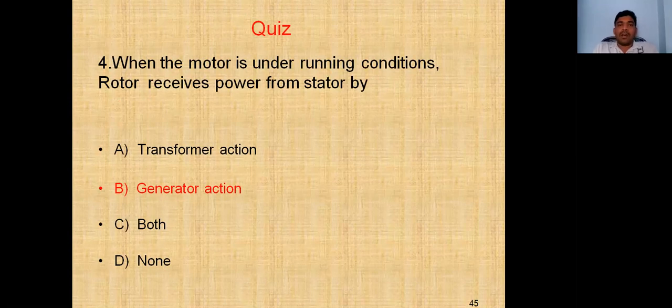At standstill there is transformer action, and in rotation there is generator action.